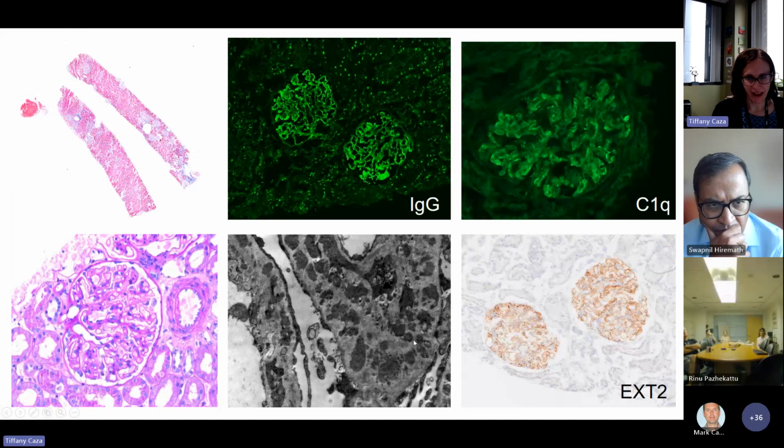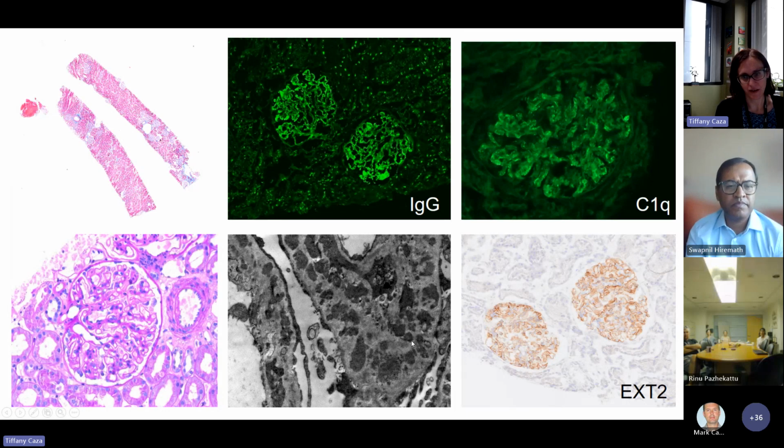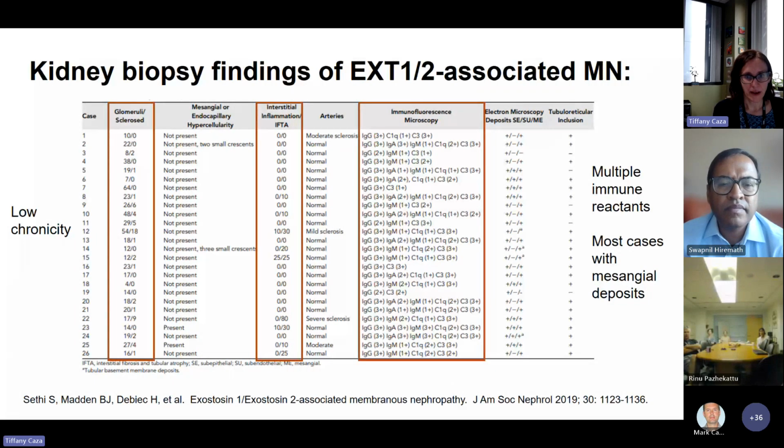We typically don't catch EXT membranous when you have stage 1 deposits, although you certainly can, but it's not infrequent to have intramembranous deposits at the time of recognition. And you can confirm by immunostaining for EXT. Kidney biopsy features include having low chronicity as well as staining for multiple immune reactants. And the majority will also have these mesangial immune deposits.